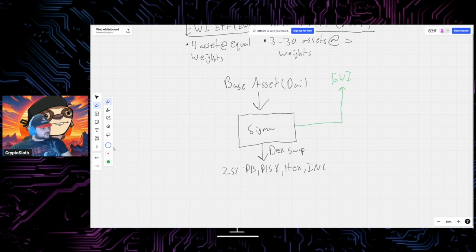You can then, of course, take that EWI token, put it back into the protocol, and then it will spit you out the underlying assets of that specific ETF. So Pulse, PulseX, HEX, and Inc. in this specific example.